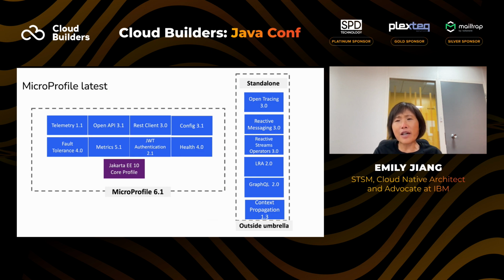GraphQL is a query language. Context Propagation is how to propagate context for asynchronous programming. OpenTracing is standalone, and its successor is telemetry. OpenTracing is stabilized and is in maintenance mode.